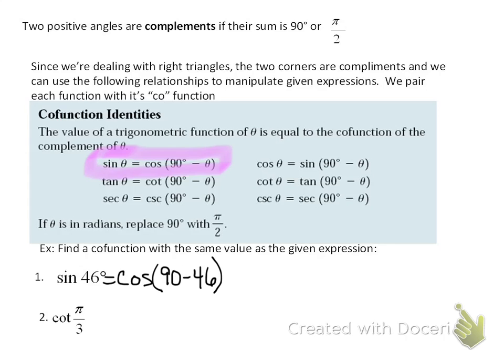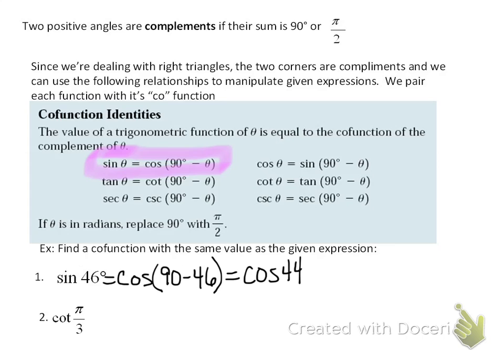If that parentheses isn't there, that would express, find the cosine of 90 degrees, and then subtract 46. Okay, so that parentheses right there is a very, very important parentheses. All right, so that simplifies to be the cosine of 44. So again, if you were to type into your calculator sine 46, and then type cosine 44, you're going to get the exact same value. But again, we're doing this without calculators.